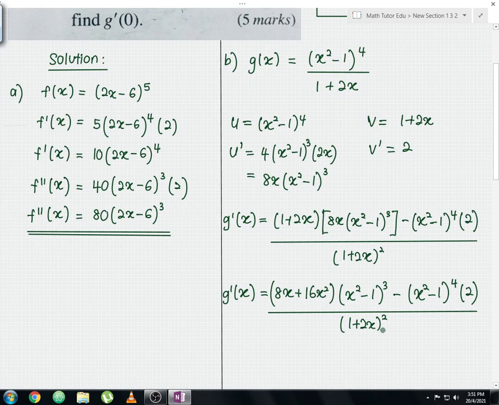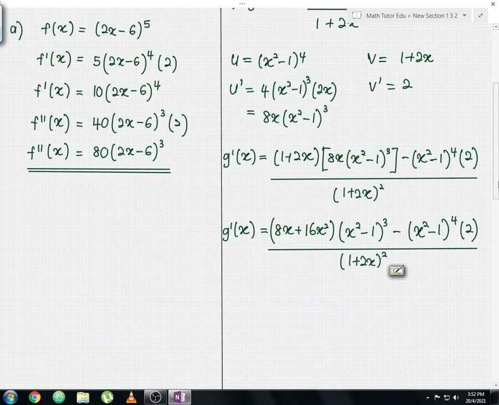So this x square minus 1 to the power of 3 and x square minus 1 to the power of 4, we can actually factor out the lowest term. In this case we can factor out x square minus 1 to the power of 3, so we can factor out this term in the numerator. Let me show you in the next step.